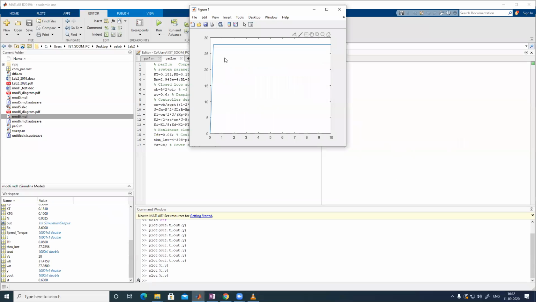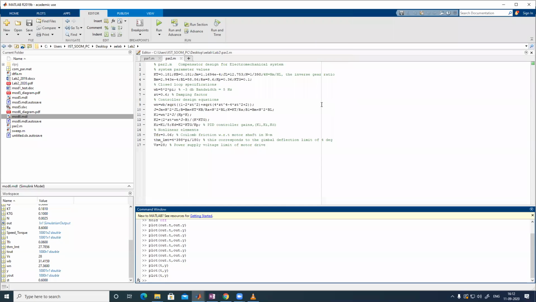Then take 10% of this value here. And you are getting 0.39 something. Yes, sir.